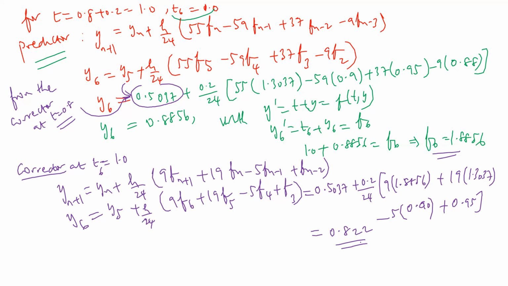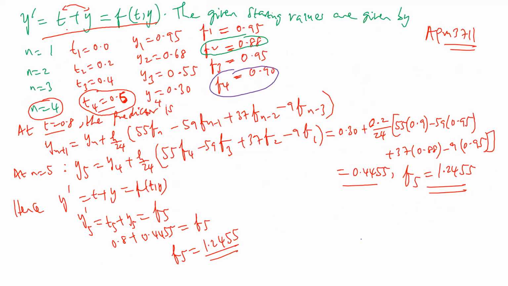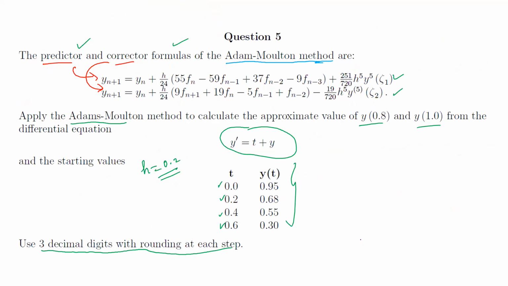So at this point, what we're effectively saying is we had to get the actual estimates and apply the Adams-Moulton method to approximate this. So here an S is missing.